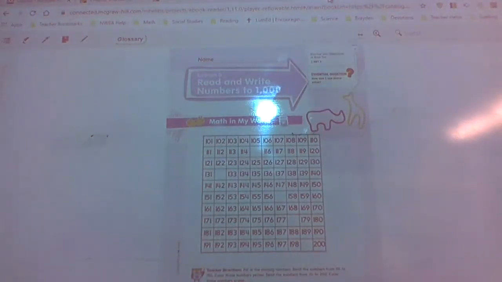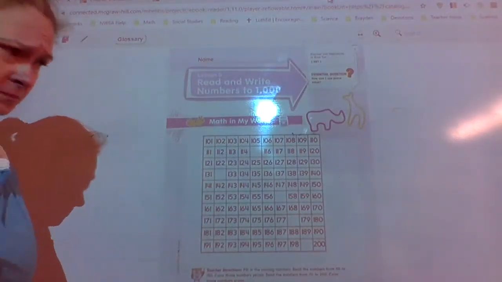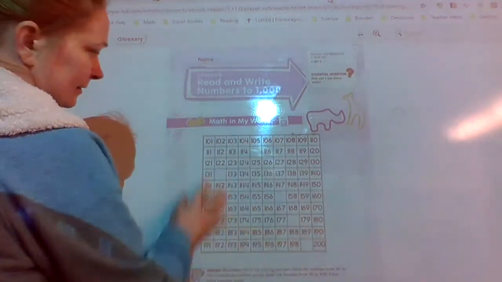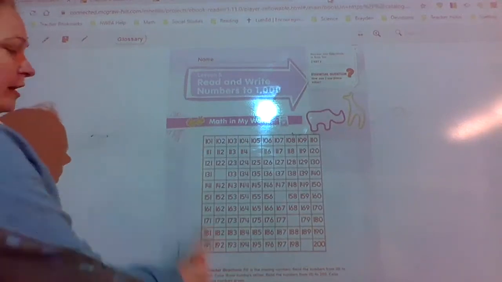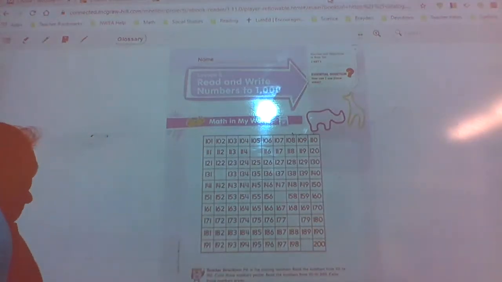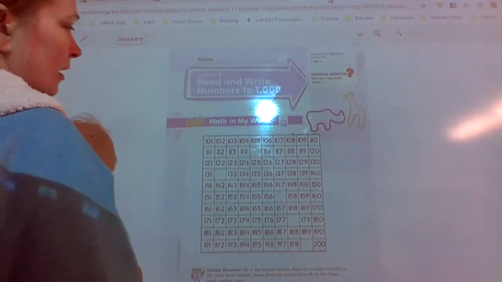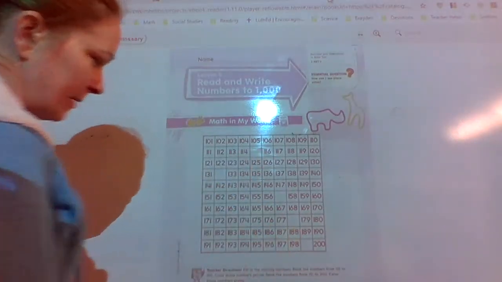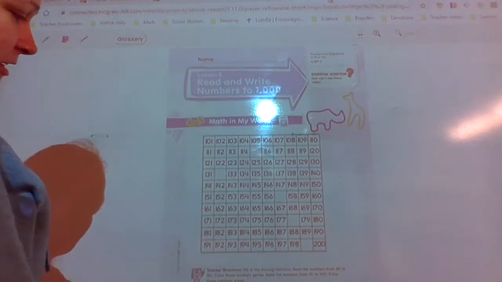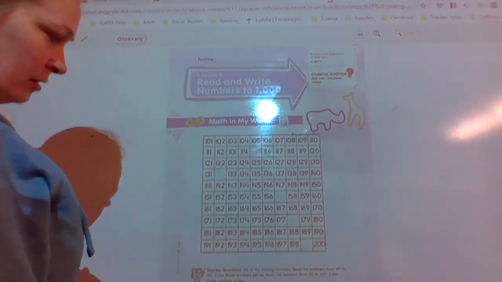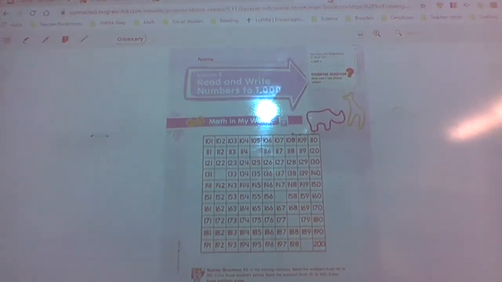So what we're going to do on page 321 is we're looking at basically a hundreds chart. But this hundreds chart doesn't start with 1. It starts with 101 and goes to 200. They just moved us up a notch. Okay? What they want you to do is they want you to fill in these empty spaces. And you can color the numbers yellow.